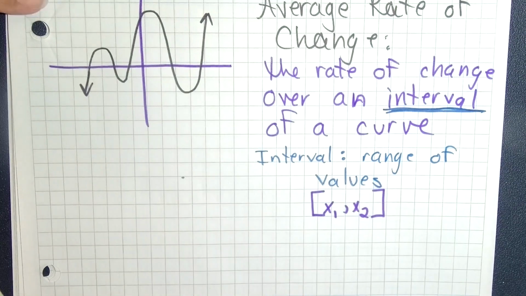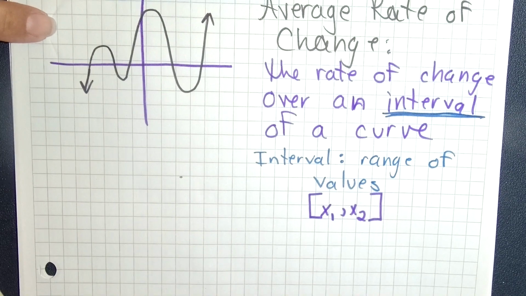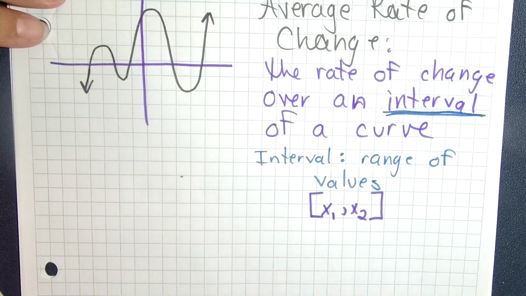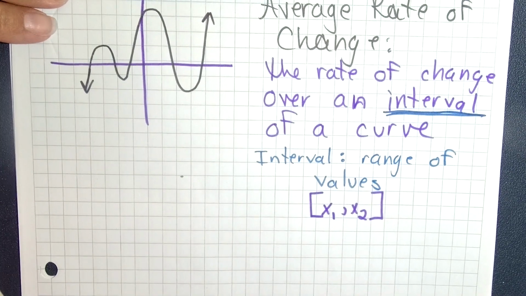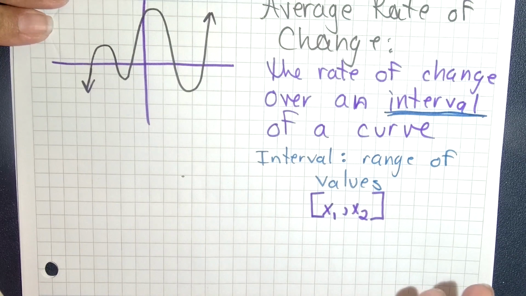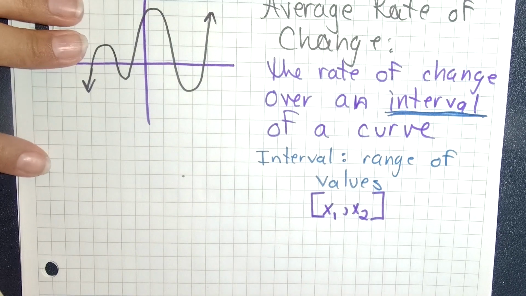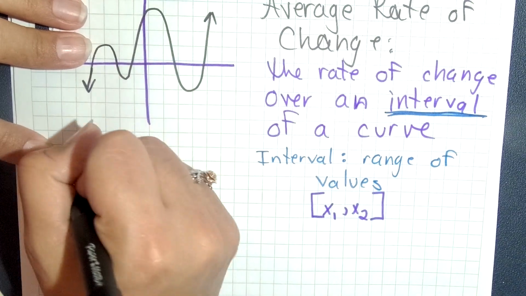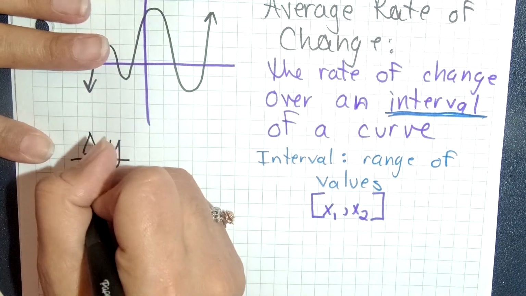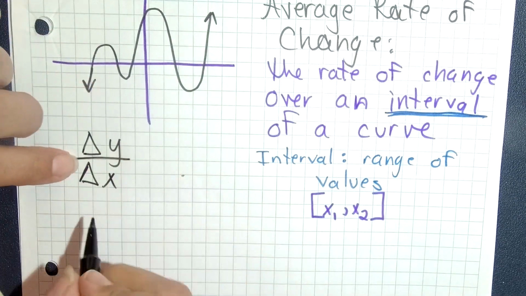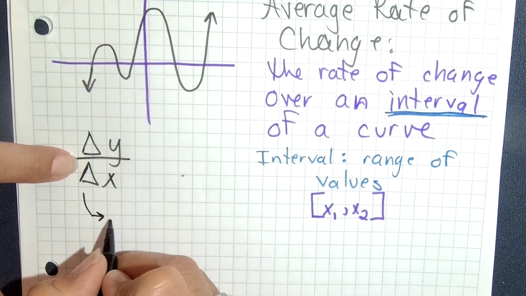Okay. So because we can't use slope, I mean we will be using slope, like we'll be using the slope formula, but we won't be calling it slope. We're calling it average rate of change. And we're going to be using the symbols, the change of y over the change of x. This is delta.